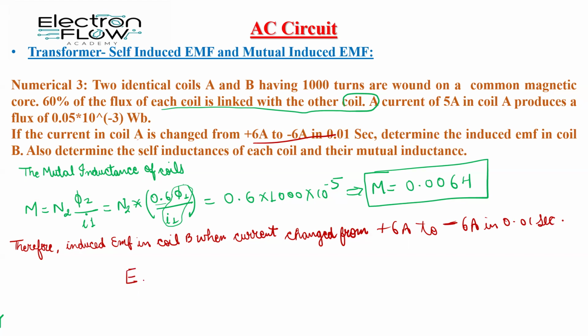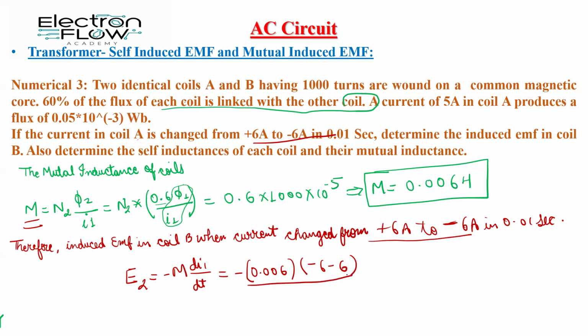That means E2 is equal to, we know the formula, minus M dI1 divided by dt. We have calculated the value of M, so it is negative of 0.006 multiplied by the change from 6 to minus 6 ampere, divided by the time 0.01.